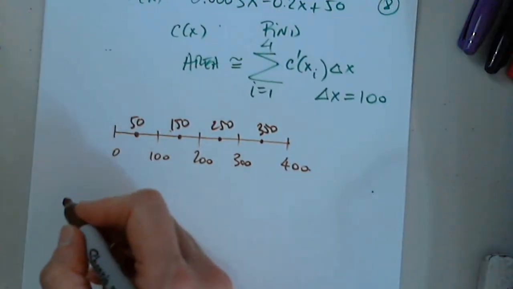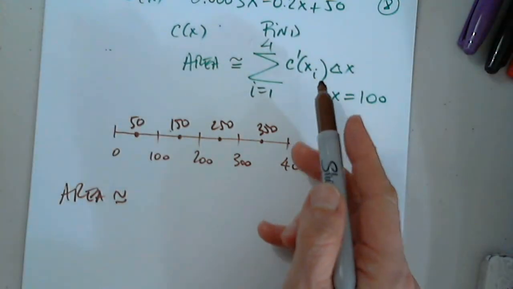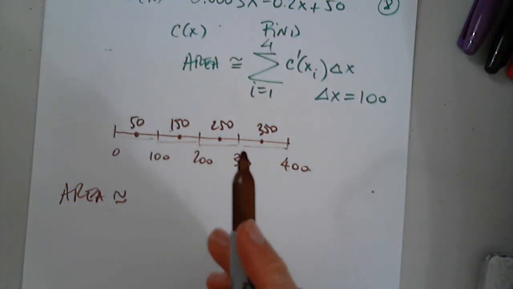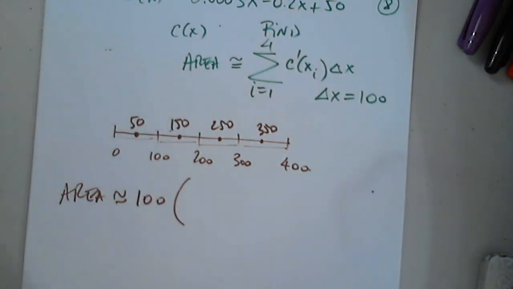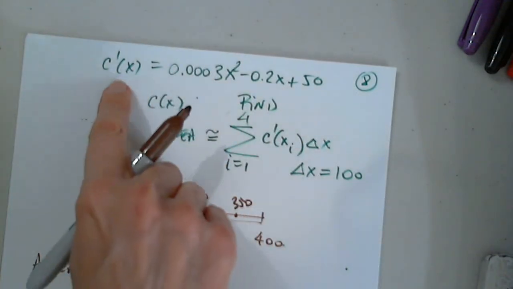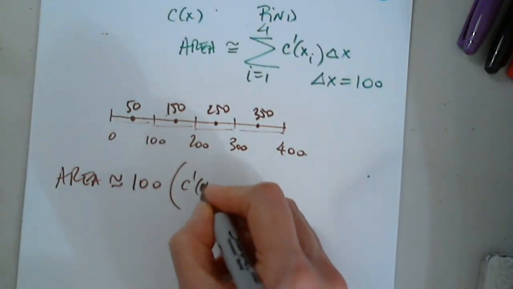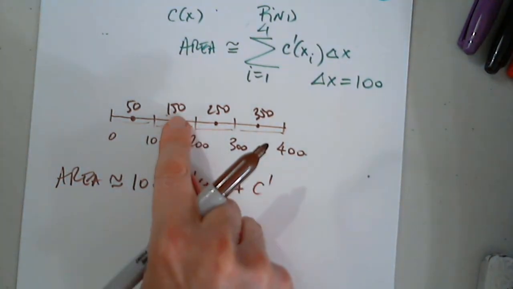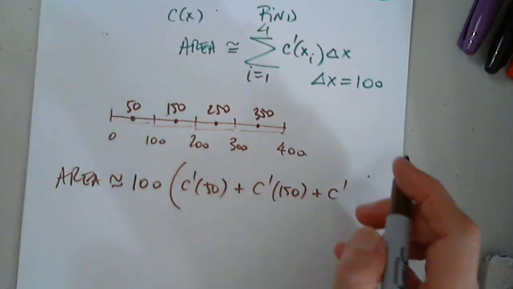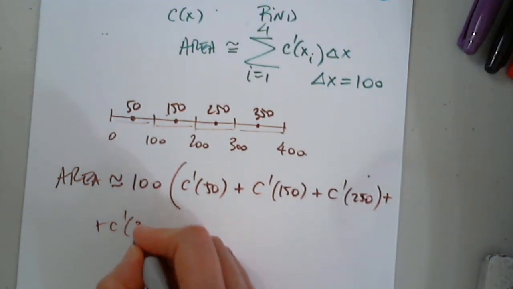Then the area will be approximately delta x, which is always the same, 100, times C prime at 50, plus C prime at 150, plus C prime at 250, plus C prime at 350.